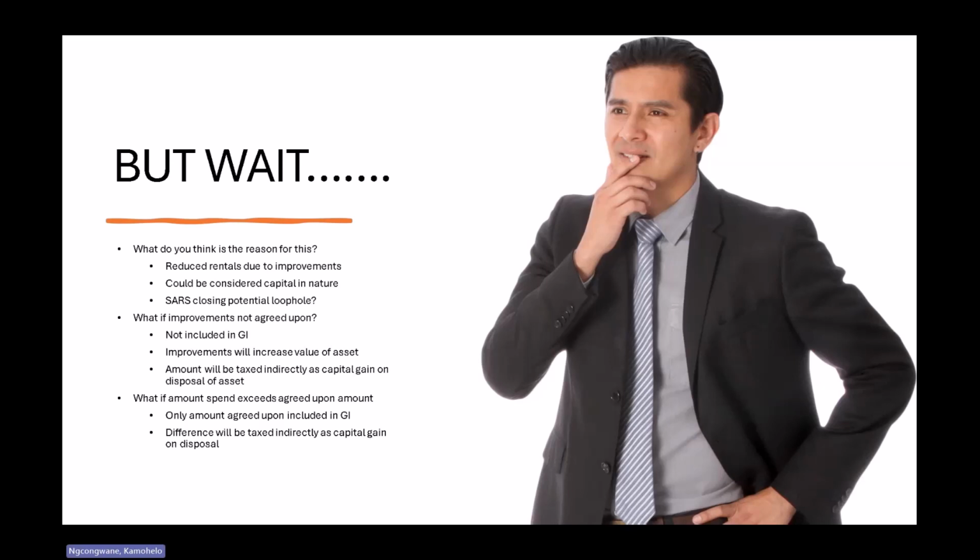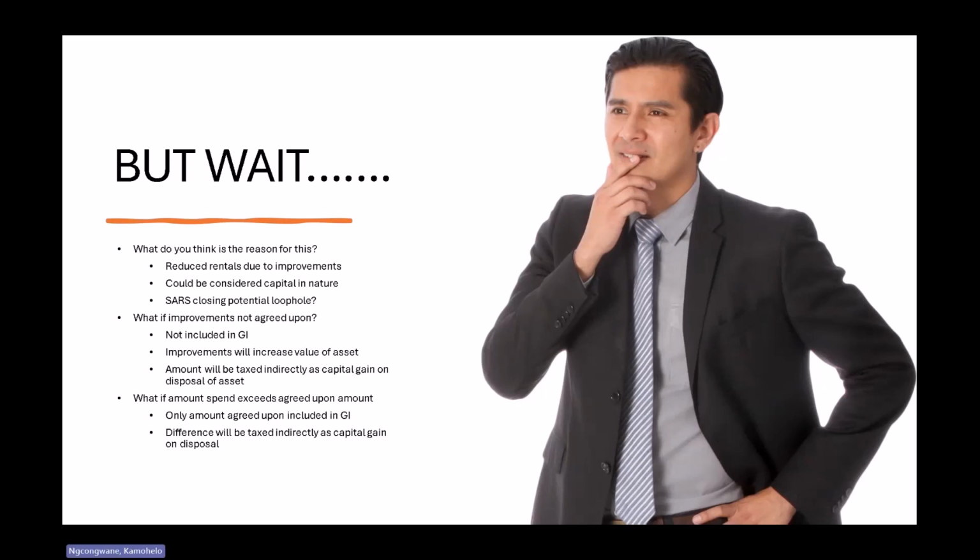To close this potential loophole, where people can get into an agreement that converts some of that income into capital so you pay less tax, SARS wants you to include it in your gross income. The other person gets a deduction, so there's a balance there. What if the improvements are not agreed on?